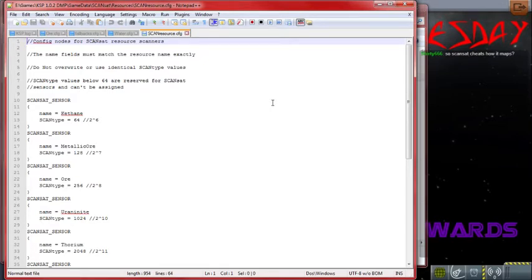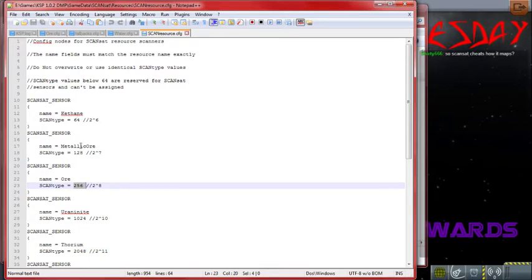We recognise this type of config. So it says there, scan type values below 64 are reserved for ScanSat sensors, so don't assign them. However, one of the things that I commented on whenever I last went through how to create your own resources is that the scan type doubles each time.